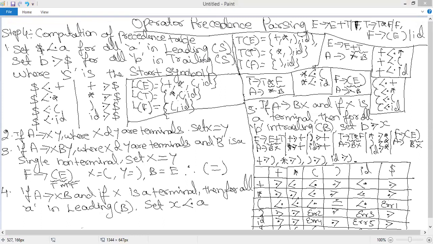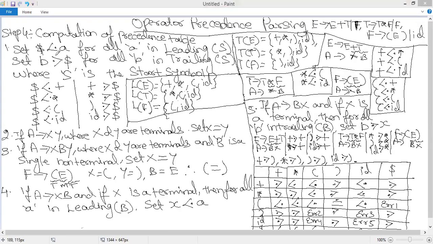Here we are talking about E, because in our production rule, non-terminal E is the starting symbol. We already identified leading of E and trailing of E.